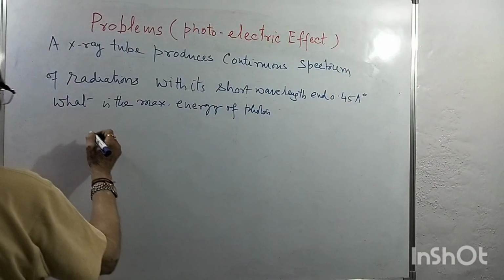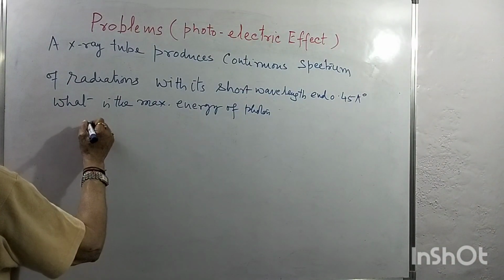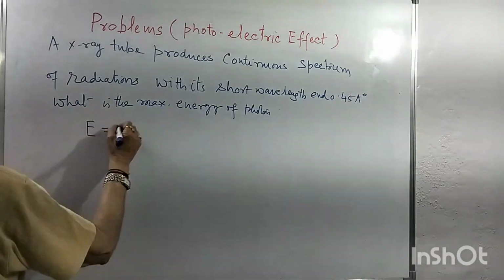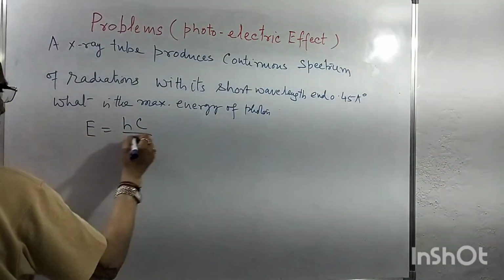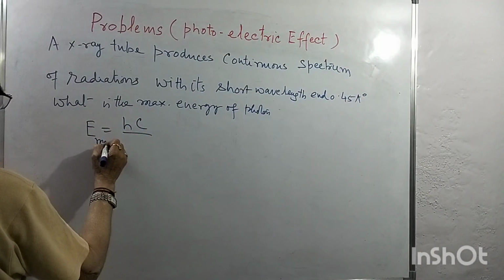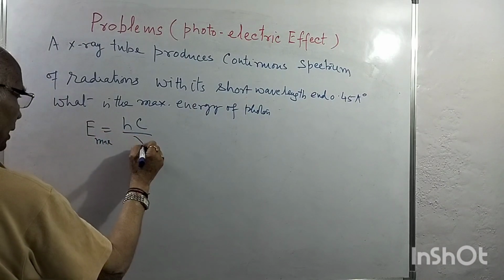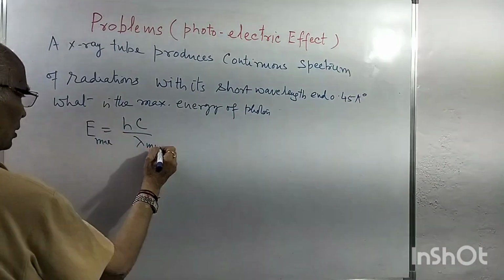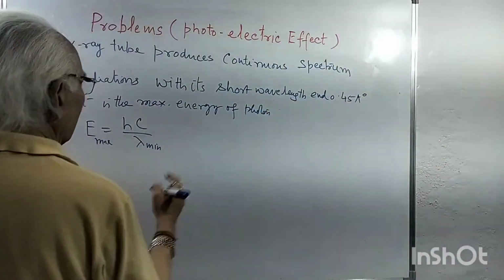Because energy E is equal to hc over lambda, the maximum energy will be when lambda is minimum. So lambda minimum is given here.